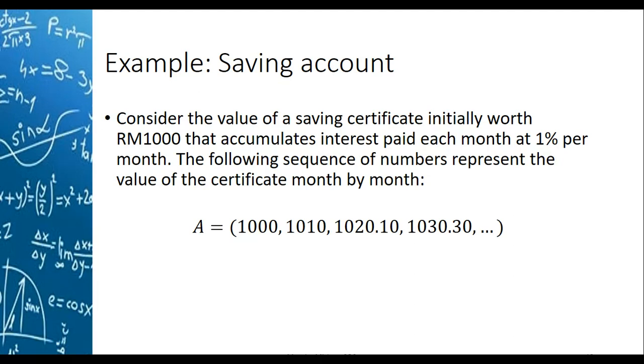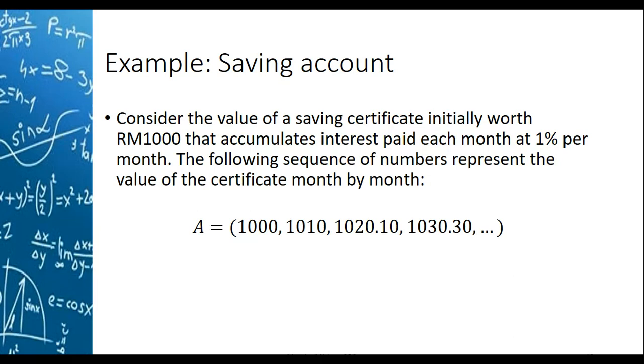The easiest, simplest way to understand this is your simple savings account. But right now, we are not talking about the normal way of saving money in your bank account, because normally banks have yearly dividends. To make this easier to see, let's say you have 1,000, and your interest is paid each month.